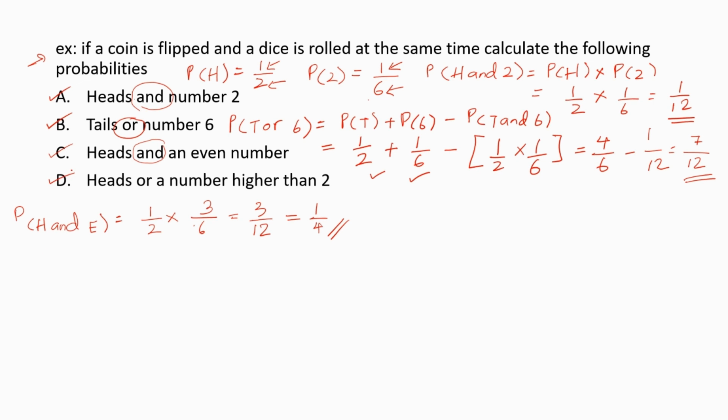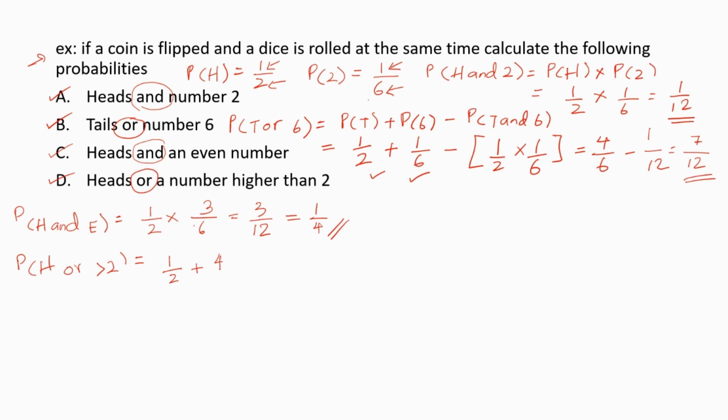Now let's do option D. Probability of getting heads or a number higher than 2. Now you see the term "or". This is the addition law. So probability of getting heads or number higher than 2, let's denote like this, equals 1 over 2 plus, how many numbers are there which are higher than 2? 3, 4, 5, 6.